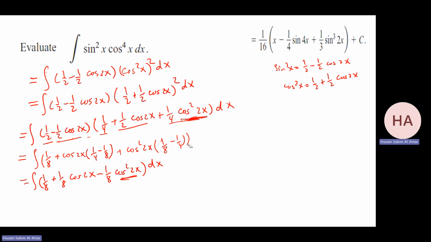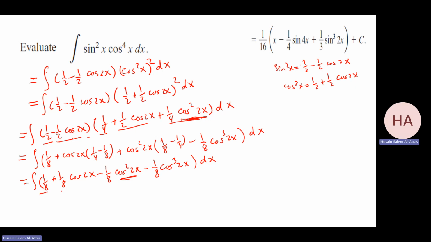I did this correctly, but I missed a term, which is minus 1 over 8 cosine cubed 2x dx. Okay.